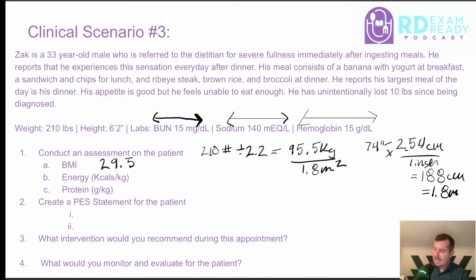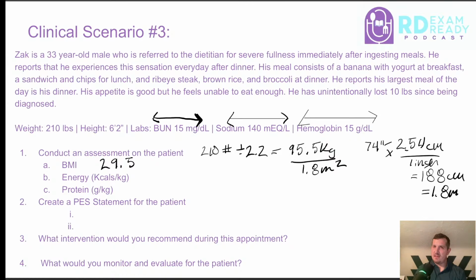Energy, kcals per kilogram. I want you all to think about this a little bit. Now, you could always use something like Mifflin equation to calculate his needs. I'm fine with predictive equations like the numbers that we use, like 25, 20, 30, etc. But what would you feel for this patient?